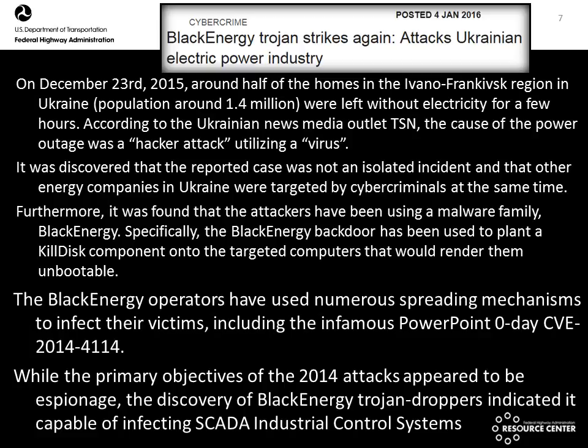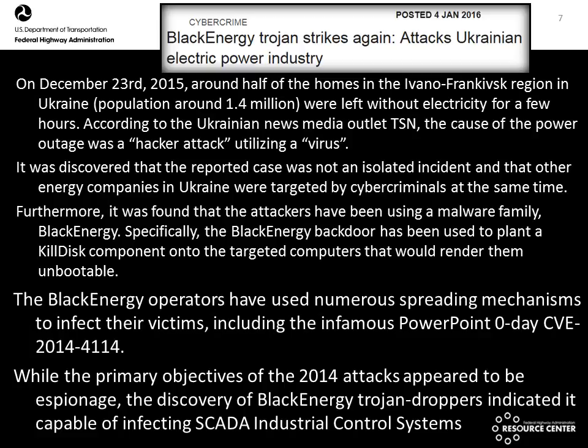It was discovered that the reported case was an isolated incident and that other energy companies in Ukraine were targeted by cyber criminals at the same time. Furthermore, it was found that the attacker used a malware family called BlackEnergy. Specifically, the BlackEnergy backdoor was used to plant a kill disk component onto the targeted computers that would render them unbootable.